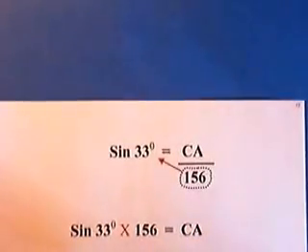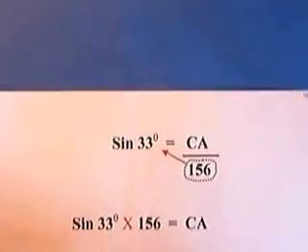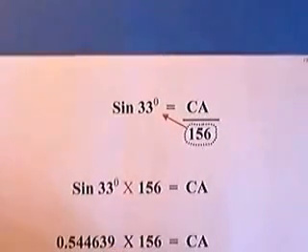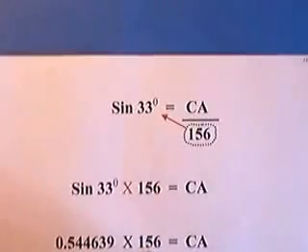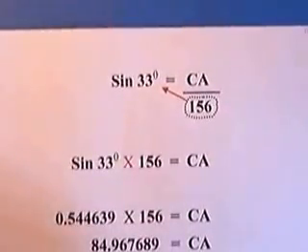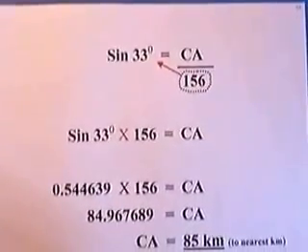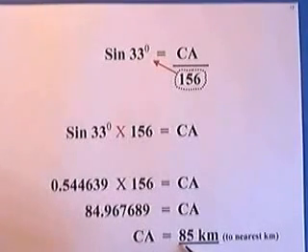With my calculator, I would now need to find in decimal form the sine of 33 degrees, and it comes out as 0.544639 multiplied by 156. Do the multiplication, there is the full form of the answer, which to the nearest kilometre is 85 kilometres. So we've found that the airport and the city are 85 kilometres apart.